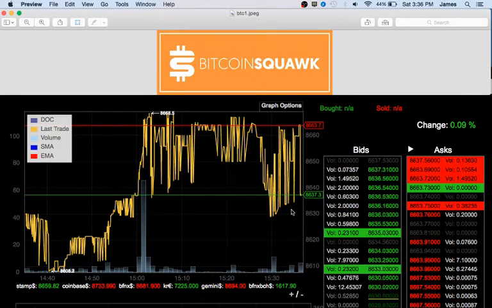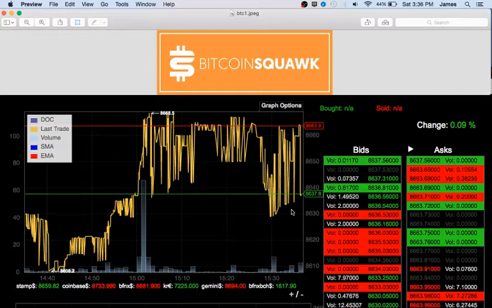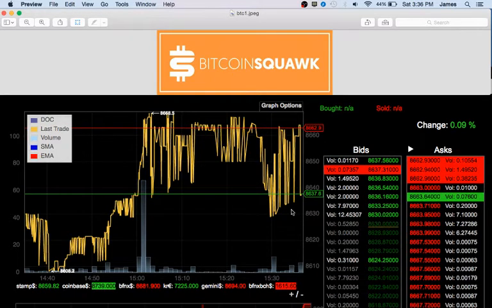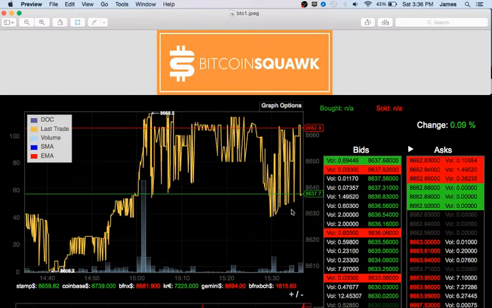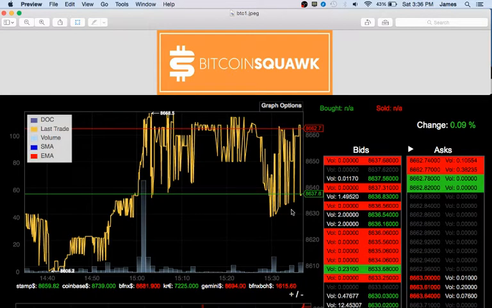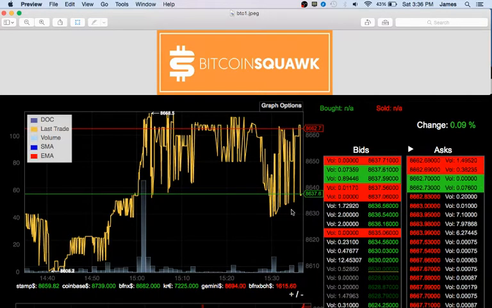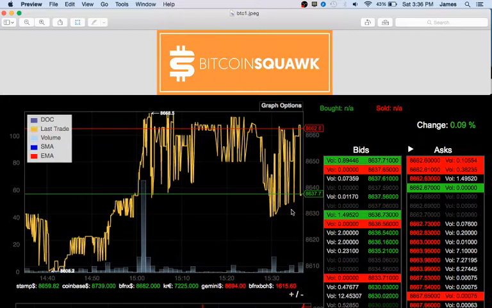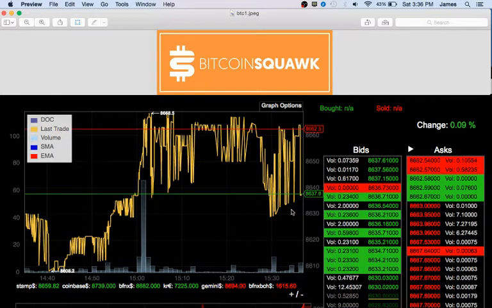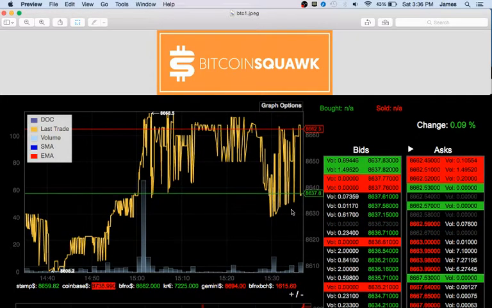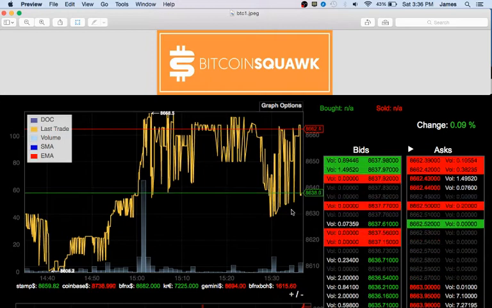But Bitfinex having some issues, it looks like. It's officially incorporated in the British Virgin Islands. It's been fined by regulators in the United States and cut off by U.S. banks. Lost millions of dollars of customer money in 2 separate hacks.